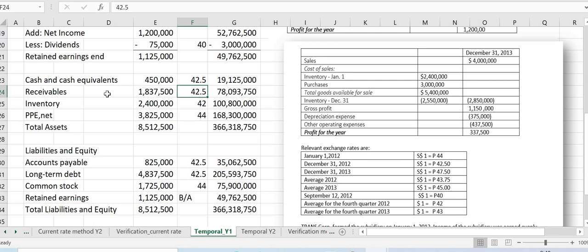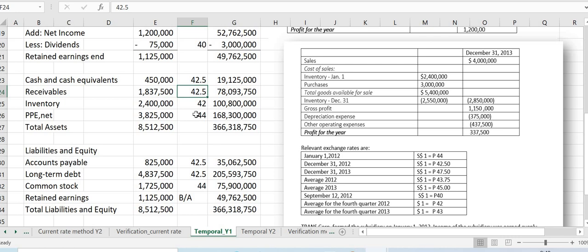Again, for cash and equivalents and receivables, being monetary items, we use the current exchange rate. But for inventory, we use the historical rate. And for property, plant, and equipment, it is assumed that it was acquired on January 1, 2012, which is the date when the subsidiary was formed.